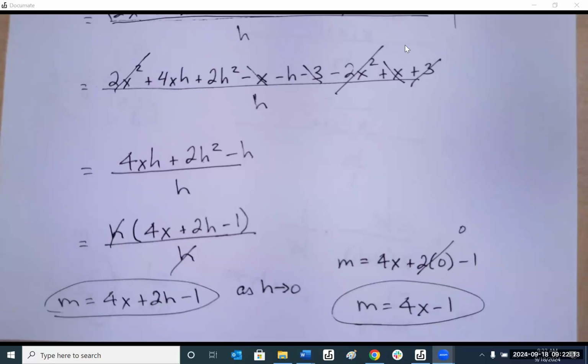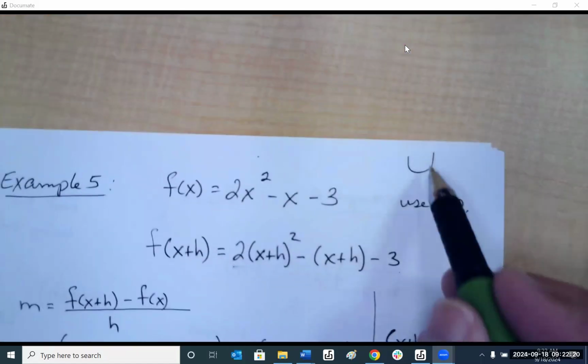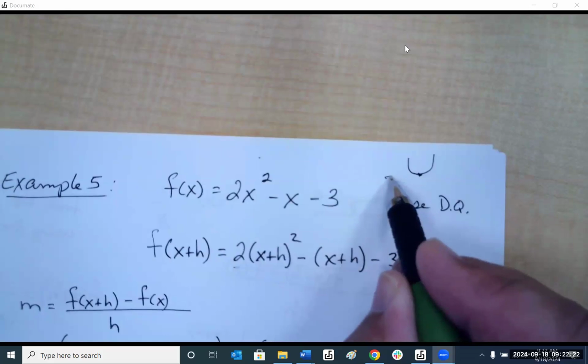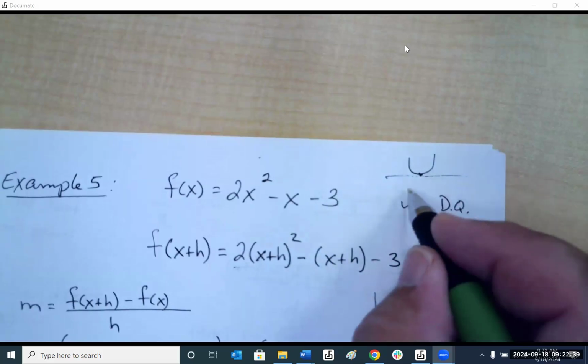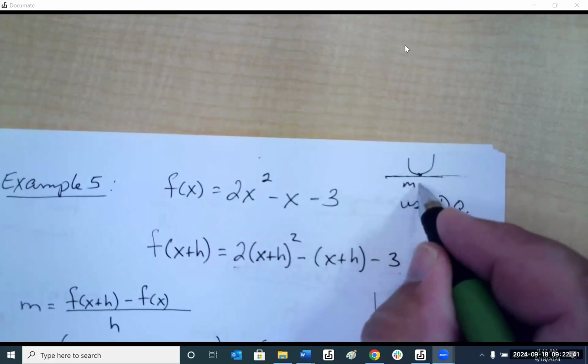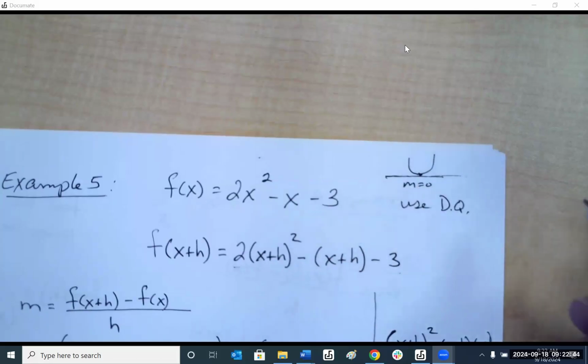Pretty cool? Yes. Can we find the vertex of our curve? Remember, this is quadratic, so it looks like this. Can we find that point? What would be 0? You're right. The slope at the vertex is 0. So what is the x value at that point?